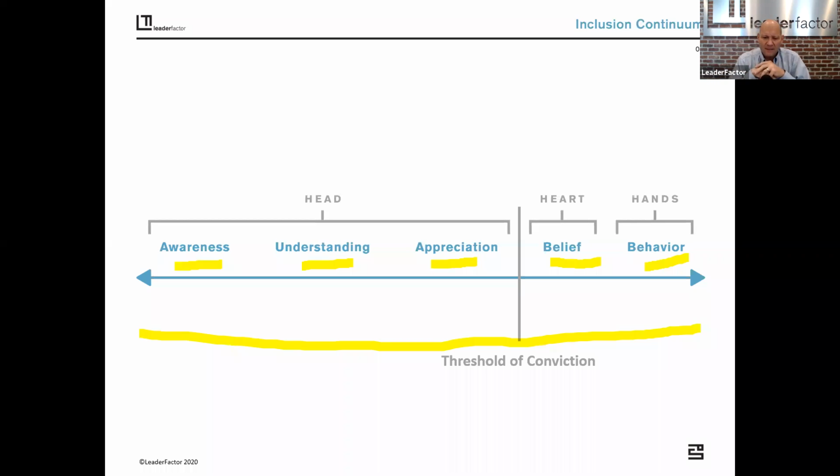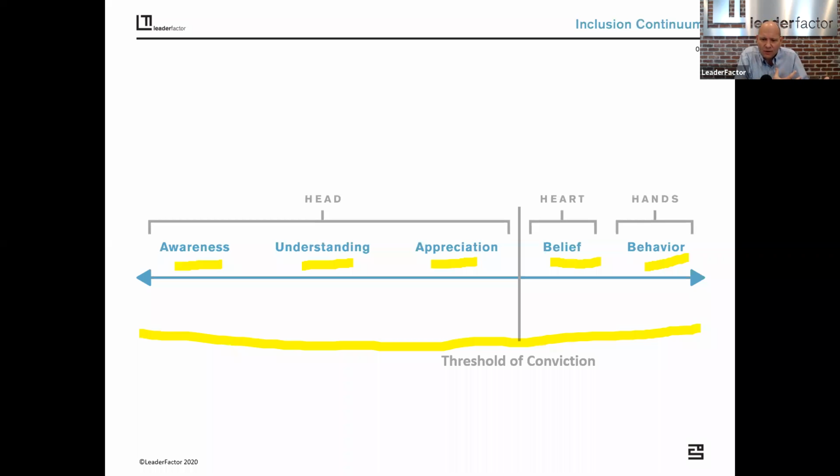You assign people to projects and work and collaboration where they actually start collaborating, even though they may not have the belief that undergirds that behavior. And so the principle is to behave until you believe.